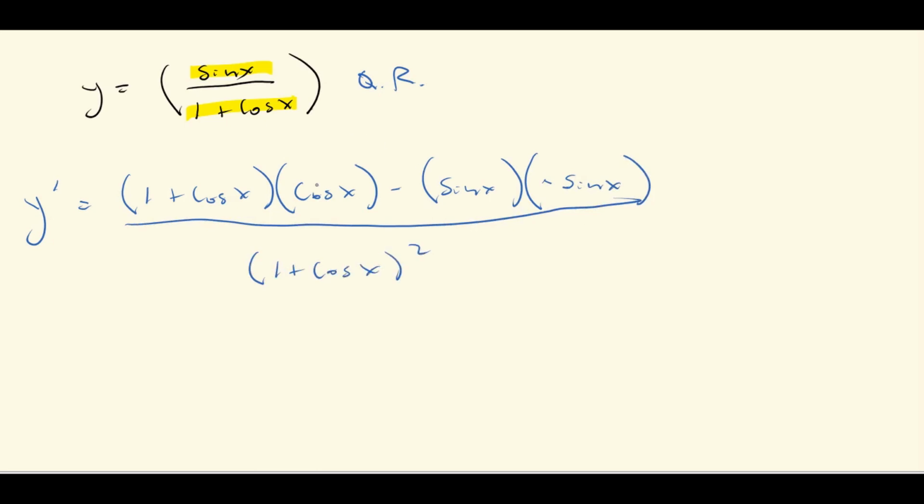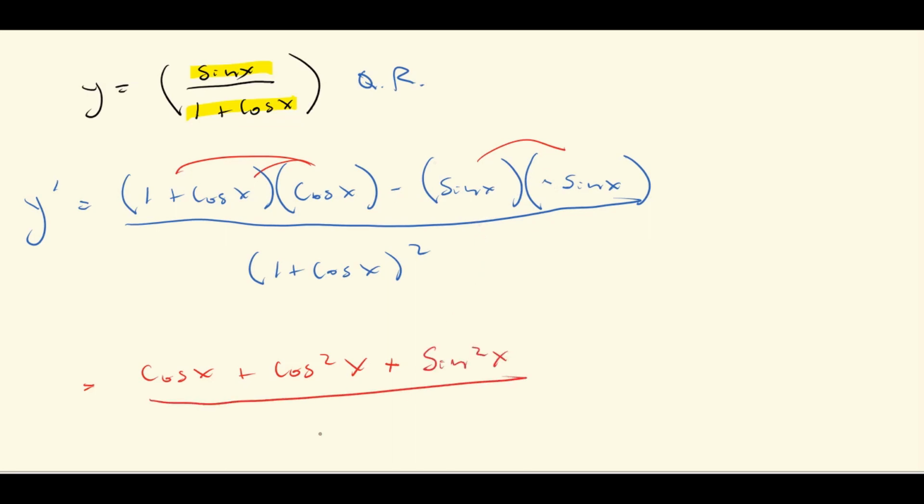So now we simplify. So we'll go ahead and distribute this cosine x and then combine these two sine x's, which will give us cosine x plus cosine squared x plus, because we have a negative and a negative, plus sine squared x, all over 1 plus cosine x squared.